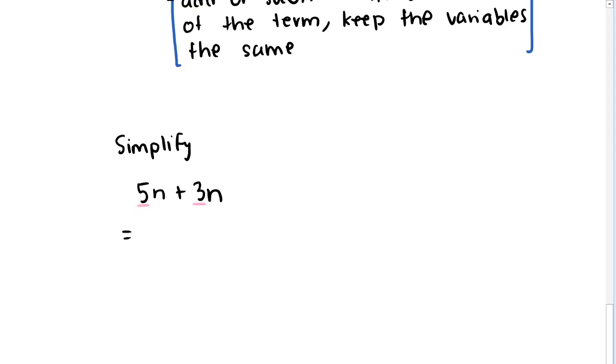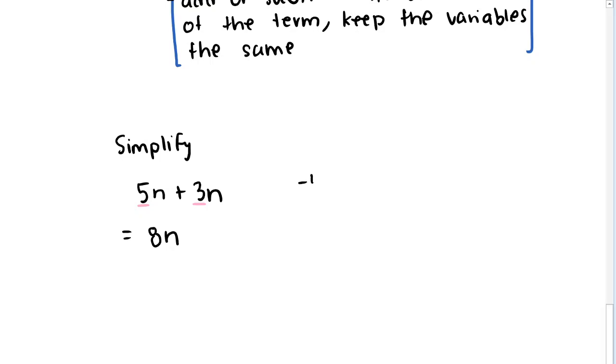That's 5 and 3 added together to give us 8n. Here we add the coefficients, but we keep the variable exactly the same. That's all it is, and it's giving us an equivalent expression. 8n is really the same as 5n plus 3n. It gives us the same result no matter what value we plug in for n.